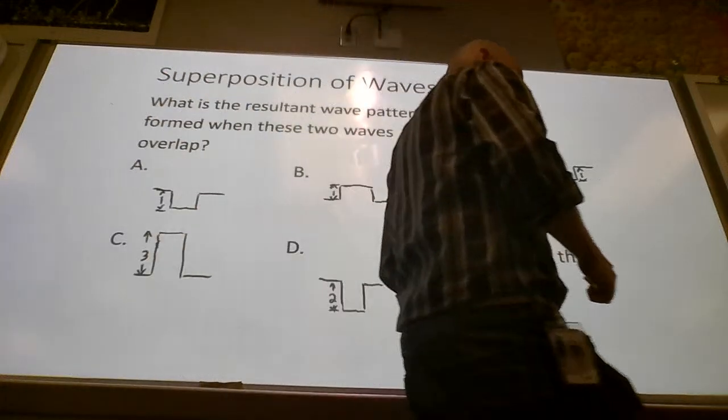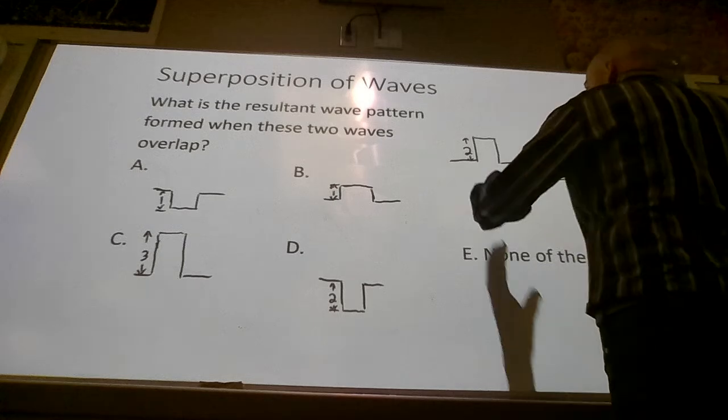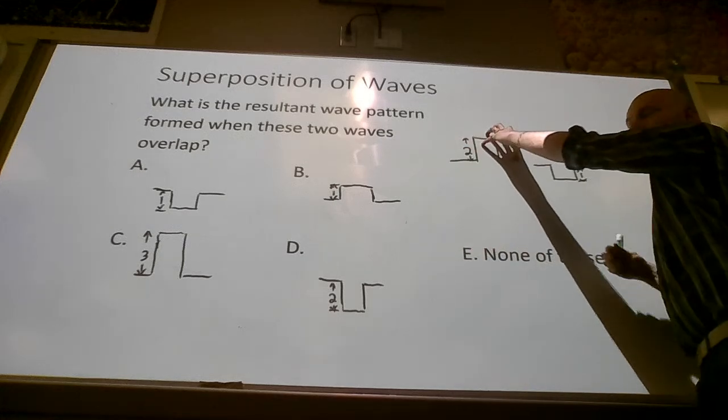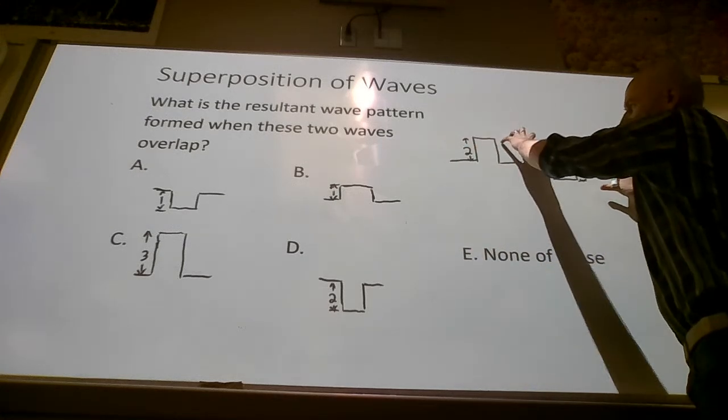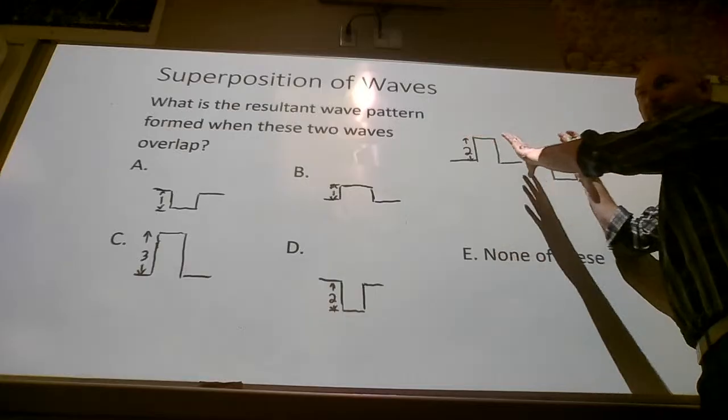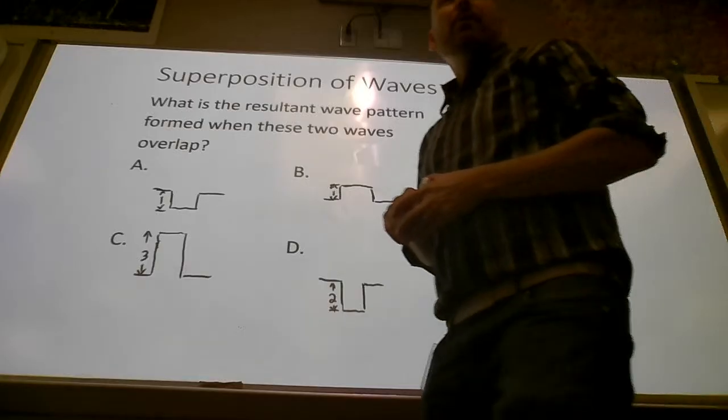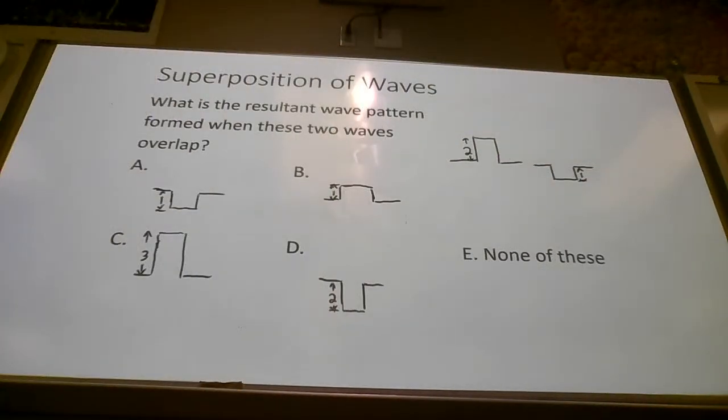So what this is illustrating is this wave is going this way, this wave is going this way. When they're overlapping each other, what is the resulting wave pattern? What is the superposition?